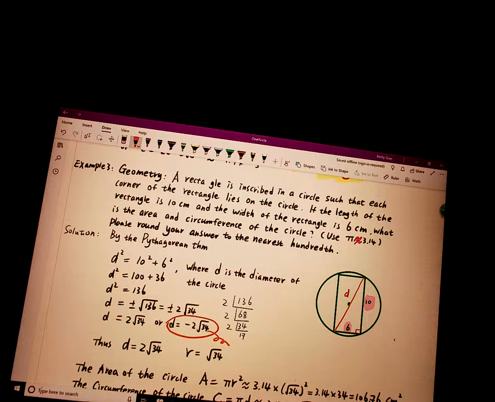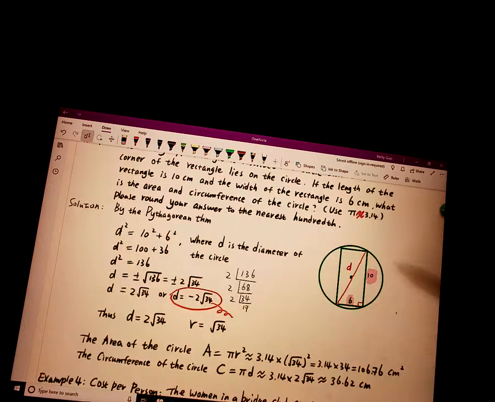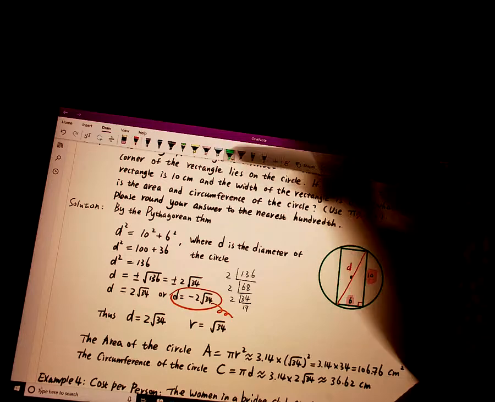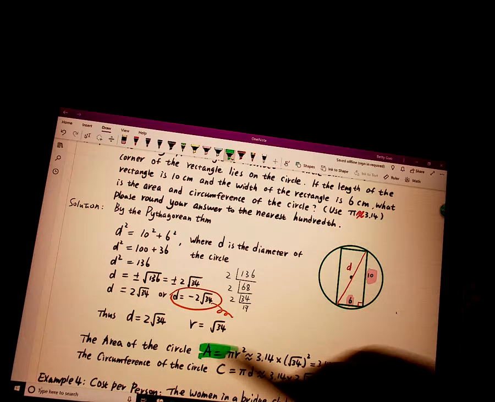All right, so how do we find the area and the circumference of the circle? We need to be very clear about the goal here, okay? We have 2 things to figure out about the circle. The first thing is the area of the circle.